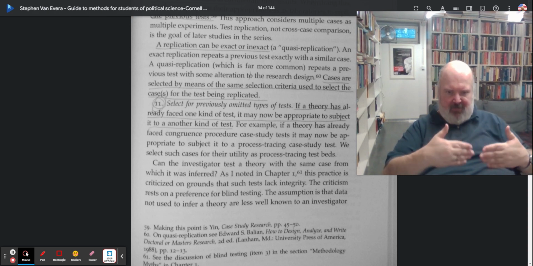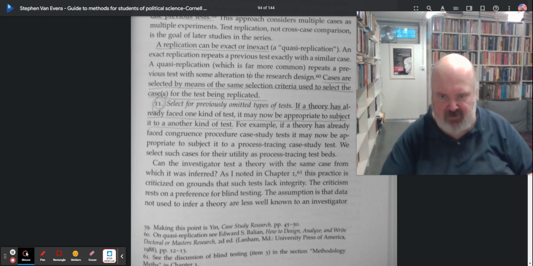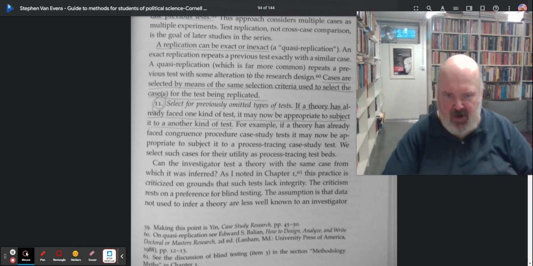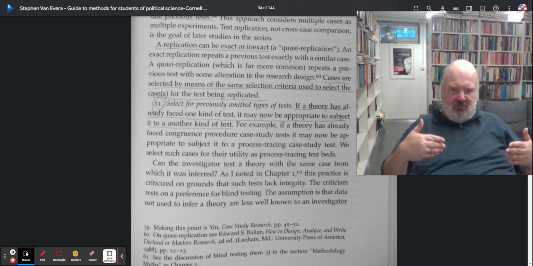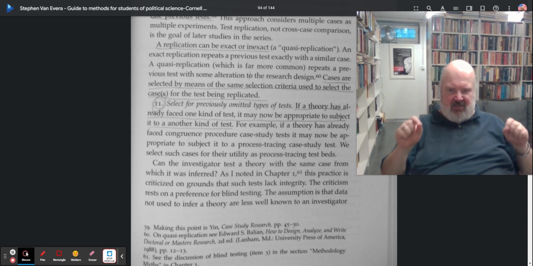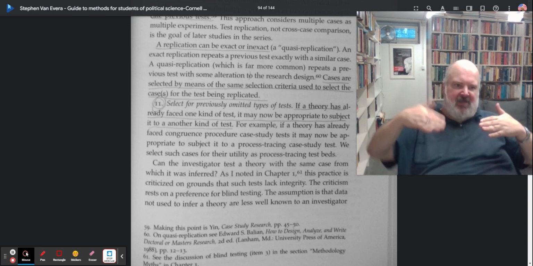In other words, your cases are selected by means of the same selection criteria used to select the cases for the test being replicated. Okay, I understand now.